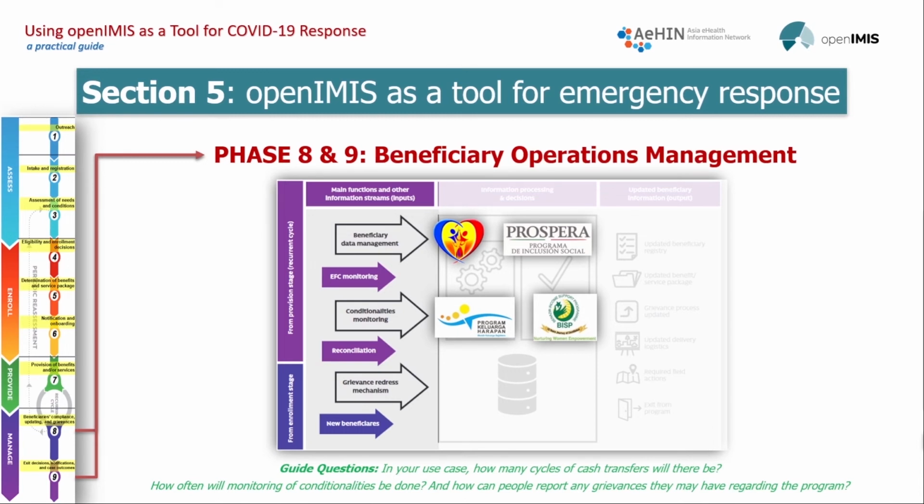A key enabler of cash transfer programs is the inclusion and enhancement of a mechanism for grievance redressal. This enables all stakeholders in the program to exercise their voice. Sri Lanka adopted an in-person grievance mechanism where people were asked to report to the local village or divisional secretariat office for their grievances.